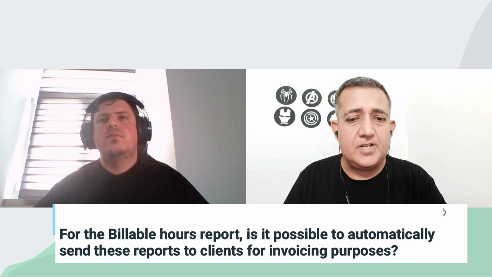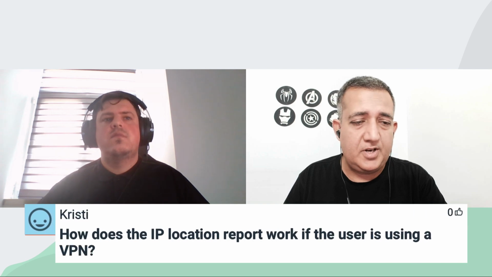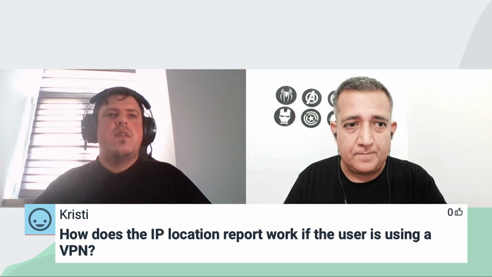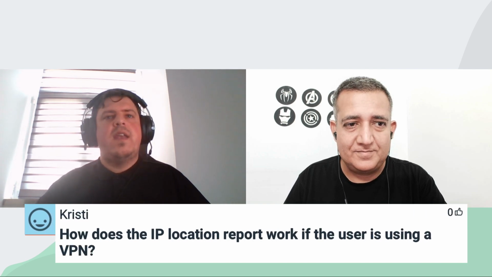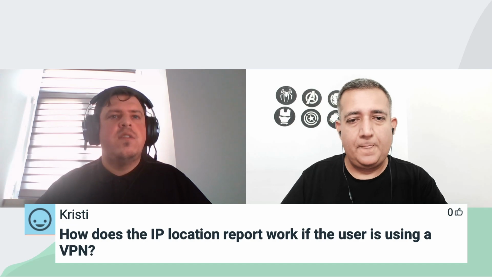The next is, how does the IP location report work if the user is using a VPN? Thanks for that question, Christy, and I'll be more than willing to answer that.